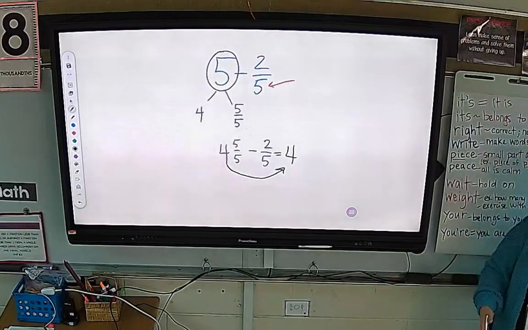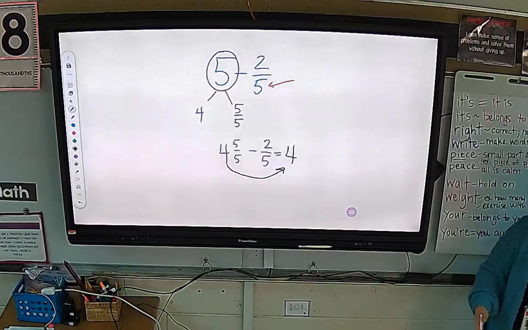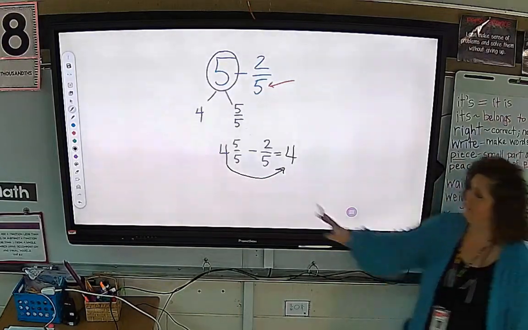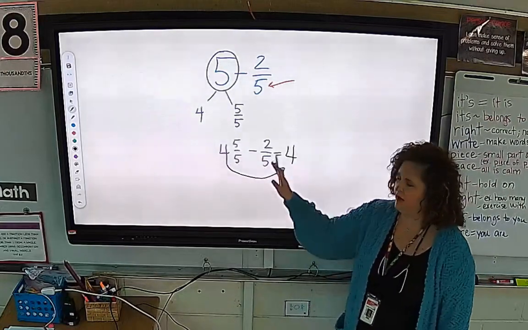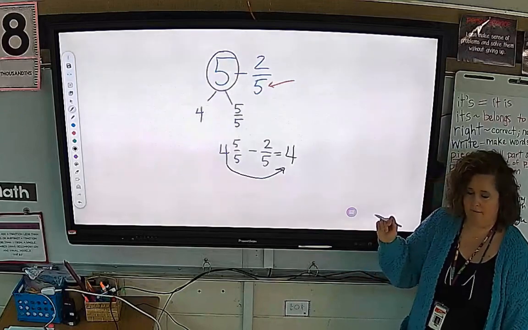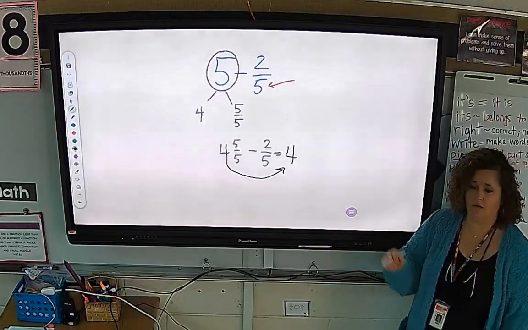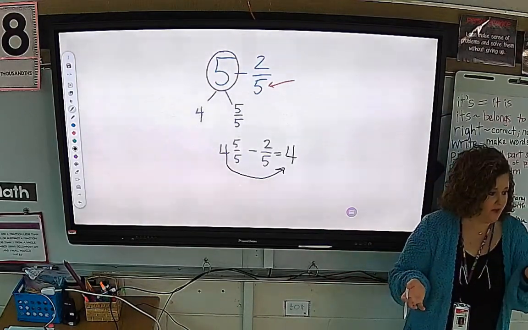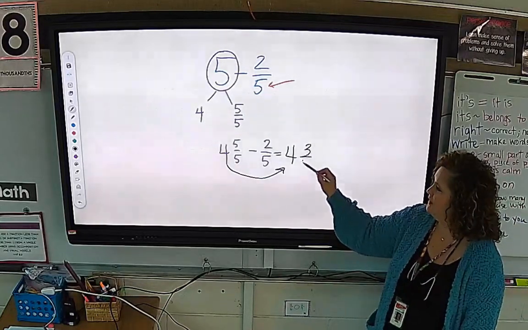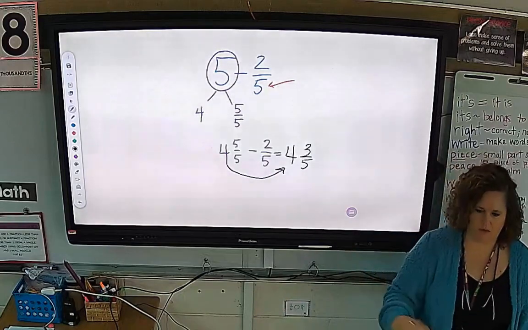Brandon, what am I going to do? I've already taken care of the 4, so I've got these 2 fractions left right here. What am I going to do with them? You're going to subtract 2/5 from 5/5. Okay, so I have enough fifths, don't I? I have 5. I'm going to take 2 of them away, and so I have 3/5. So how many of you came up with 4 and 3/5?